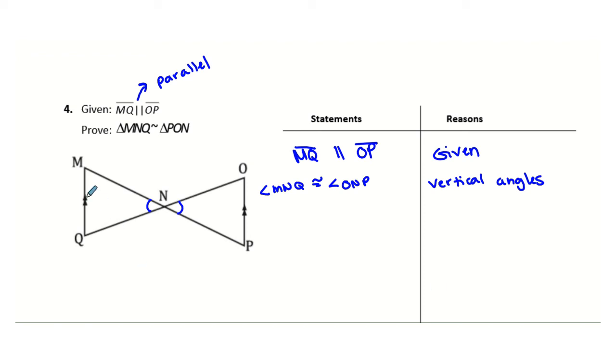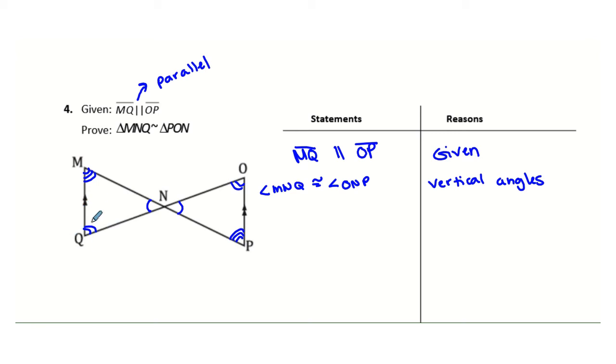Well, because I know that these are parallel lines, then here I have transversals that cut through them. So then I can say that either these are alternate interior angles, or you could say that these are alternate interior angles. You could use either statement to say that you have similarity between these two triangles.